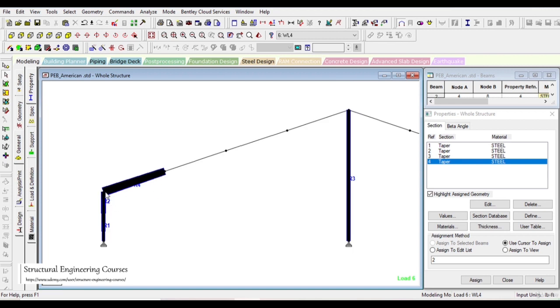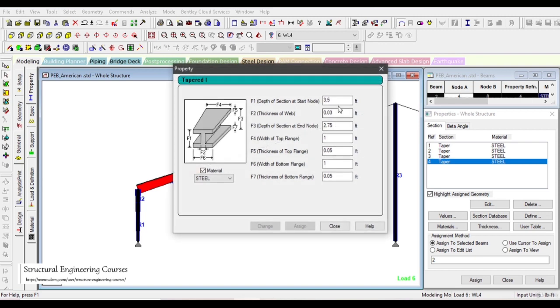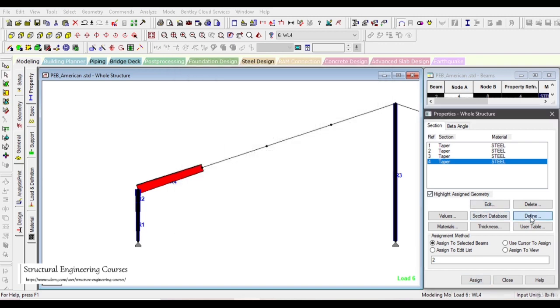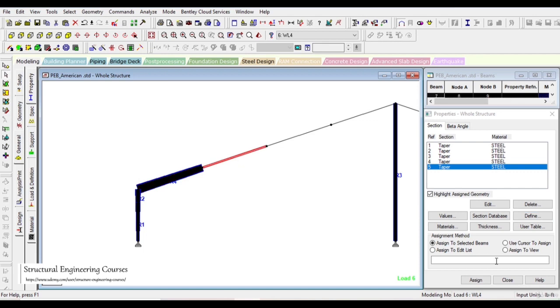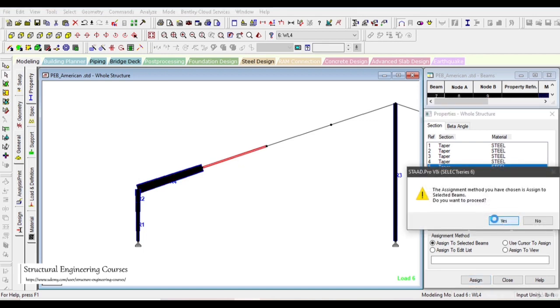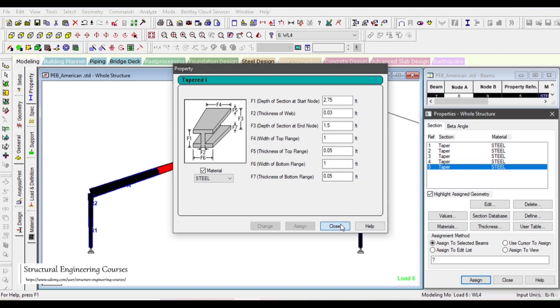As the depth requirement is higher here, we have reduced it from 3.5 to 2.75. Now again we need to reduce it from 2.75 to, let us say, 1.5, thickness 0.03, 0.05. So now the depth has been reduced to 1.5 foot here.